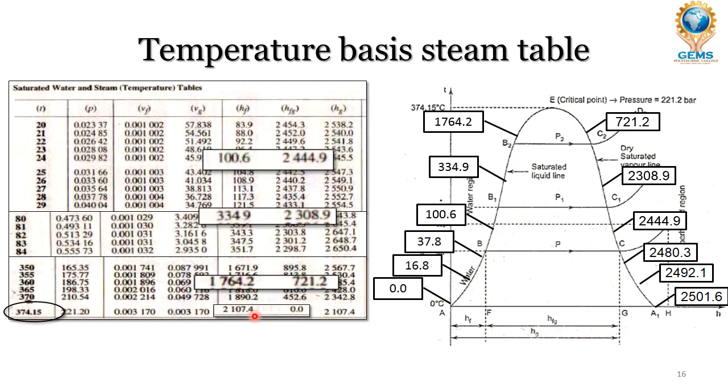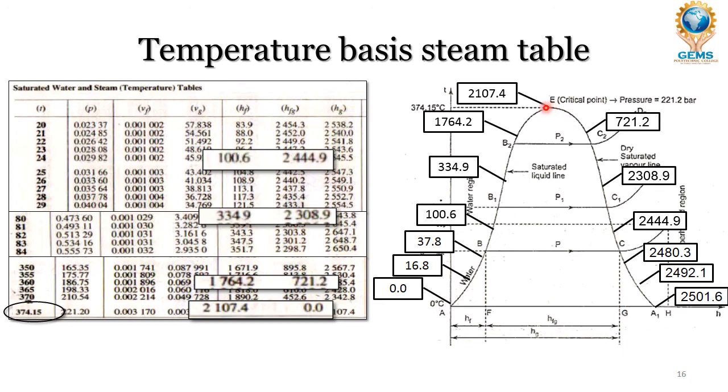That is the critical point, where evaporation takes place suddenly and immediately. This is the critical point, where the pressure and temperature are such that the evaporation process happens suddenly.